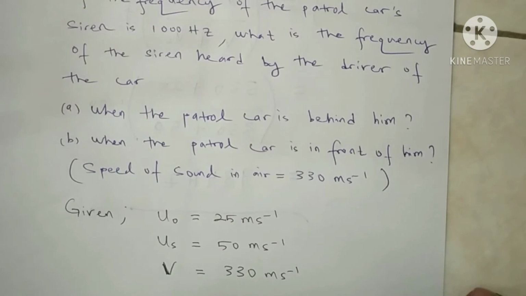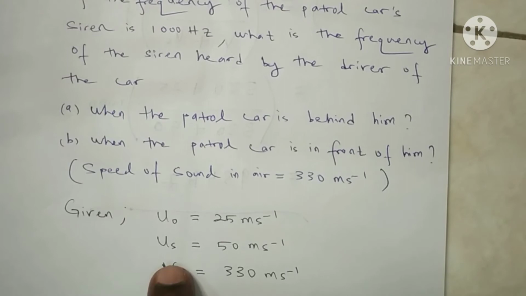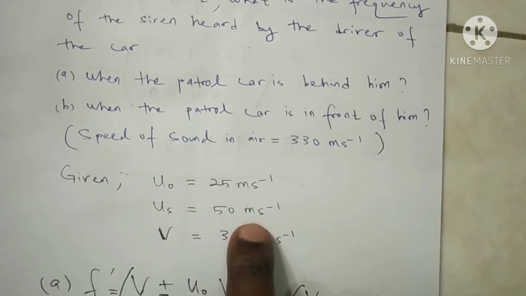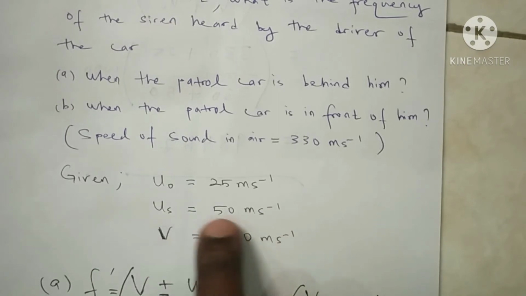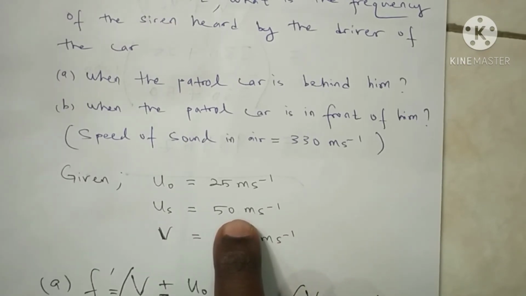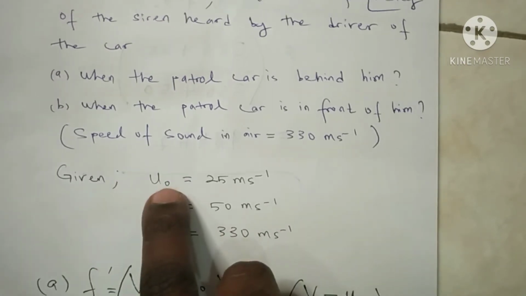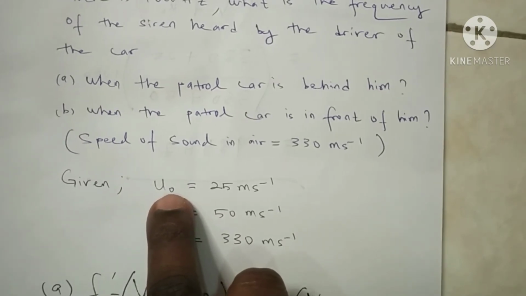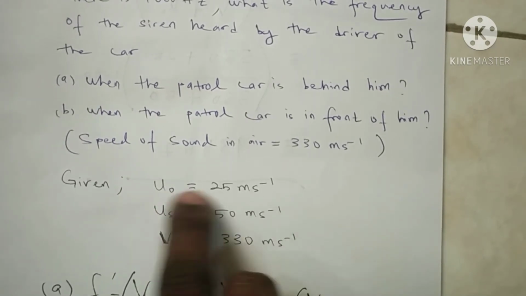For section A, when the patrol car is behind him, the patrol car's siren is 1000 Hz, moving with a speed of 50 meter per second. The source is the siren of that patrol car.